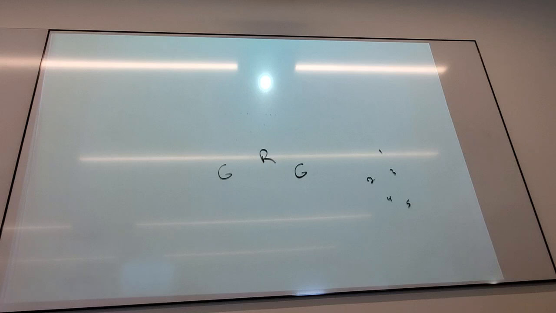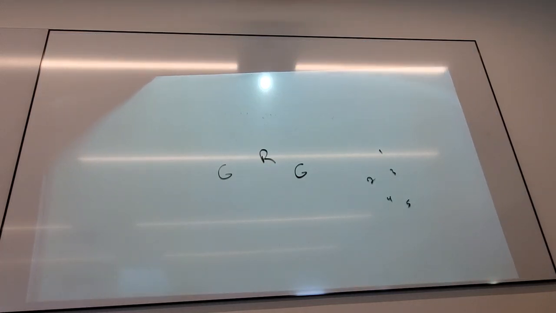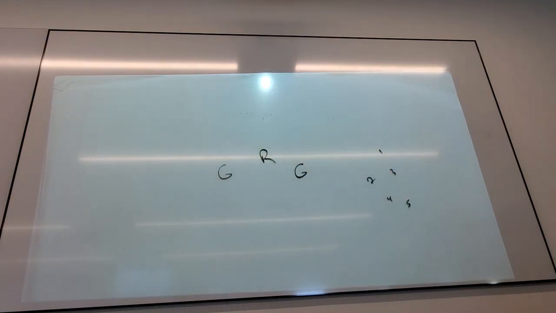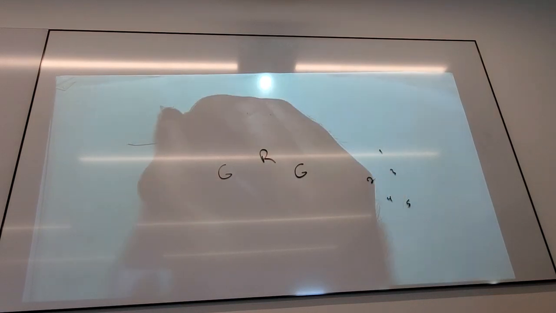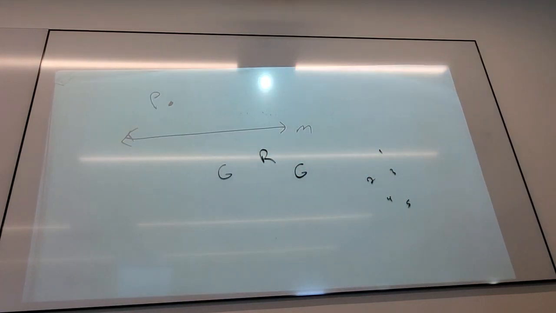Now here's something that's going to come back later this semester. How can I construct a line? Later, we're going to talk about how to construct a line parallel to a given line. So if I'm given a line, and I'm given a point not on the line, this is a silly question.